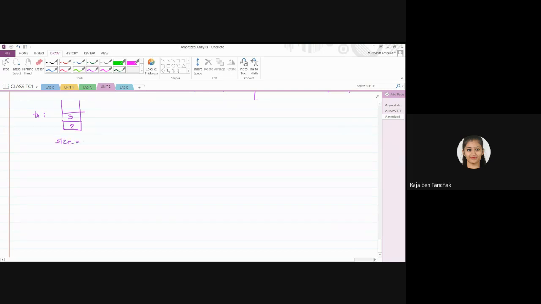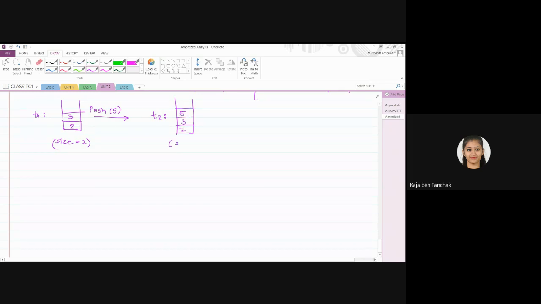Here we are having two elements, 2 and 3, already inserted in this stack. Now I want to push 5. So at some time, let's say t is 2, I want to insert 5. So 2, 3, and 5 will be inserted here.